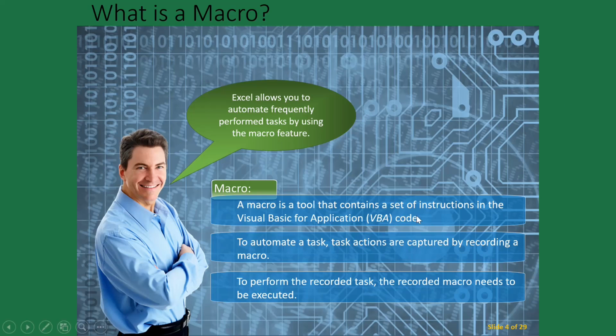Simply right click on the sheet and go to View Code. To automate the task, the task actions are captured by recording a macro. To perform the recorded task, the recorded macro needs to be executed. Whatever you do during recording is captured, and you are going to execute it to perform a certain action.